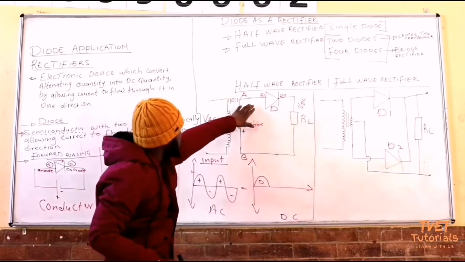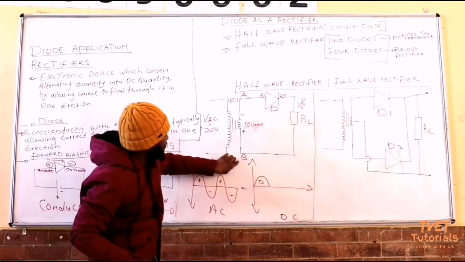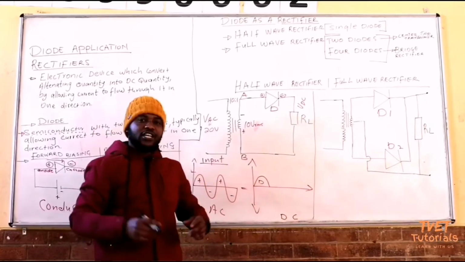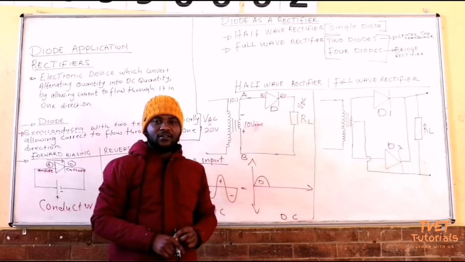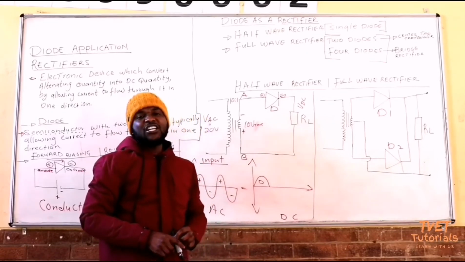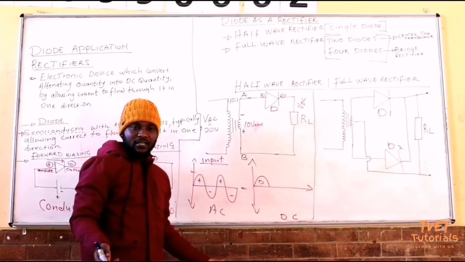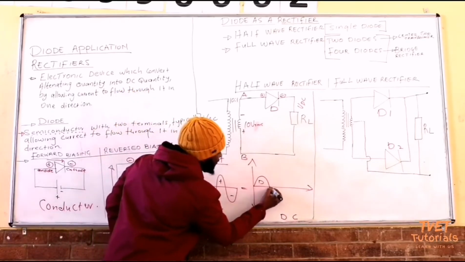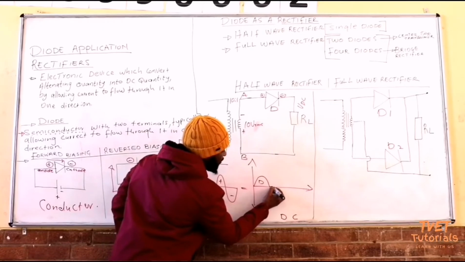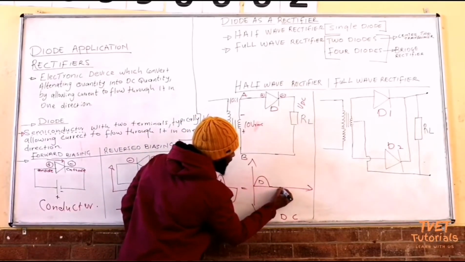In other words, the diode does not conduct. We will expect a negative wave to be generated, but it does not conduct. So there is no negative wave that is generated for half wave, so the current is zero. Therefore, we're going to move here on the reference line.